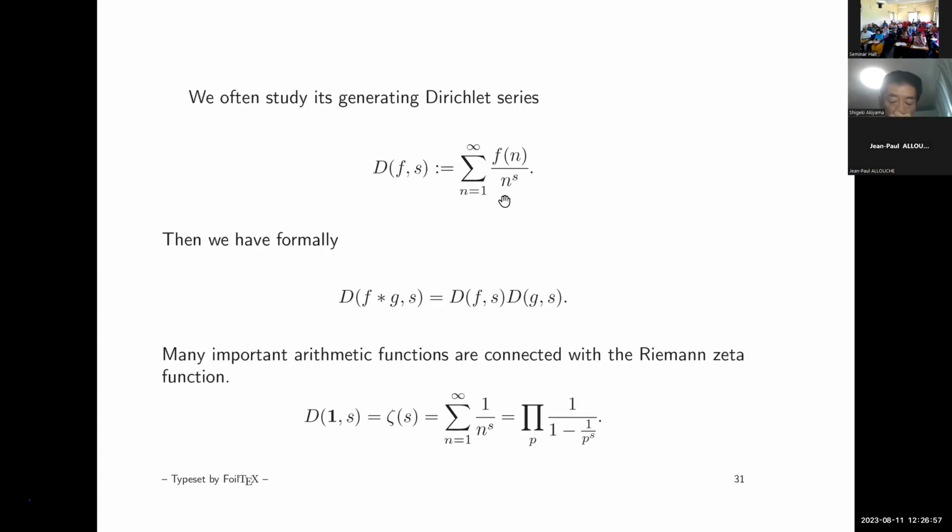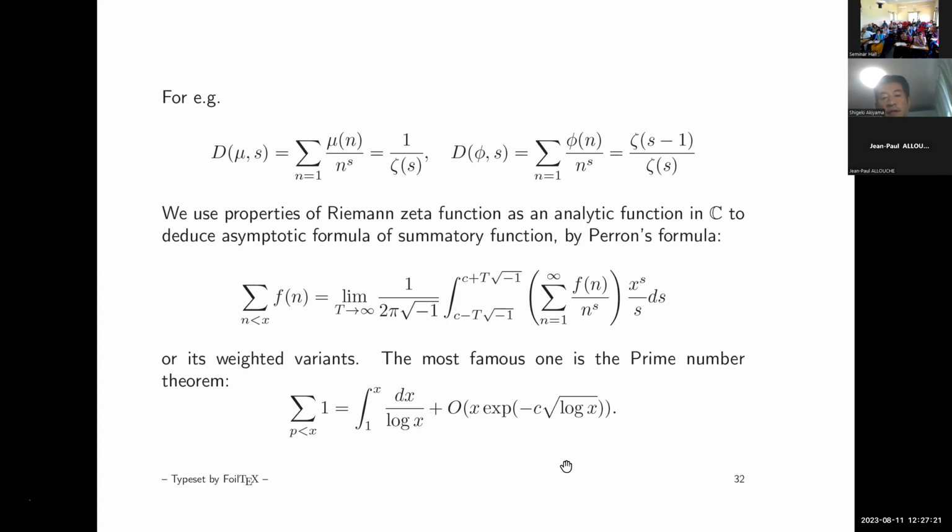The most prominent method we use is generating functions, the Dirichlet series. Then the Riemann zeta function is defined, of course, by this Dirichlet series, and it has an Euler product in this formula. Then we use Perron's formula.